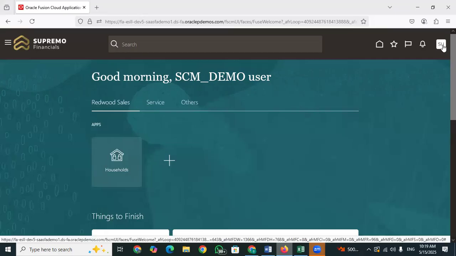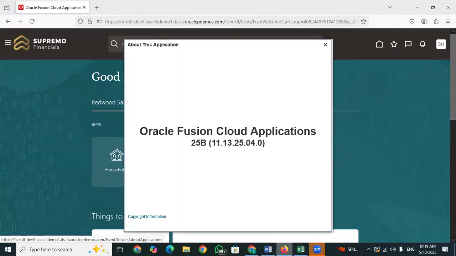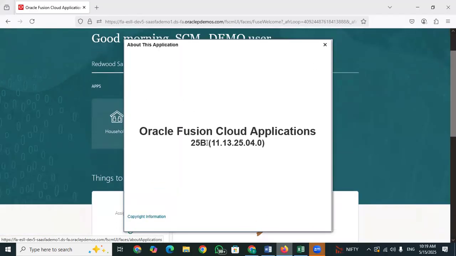Okay, under this you can see about this application. This application is now on 25B. Every 3 months, every quarter, Oracle releases a new release. Every 3 months means January to March is 25B. 25 is the year, B means the revision version.